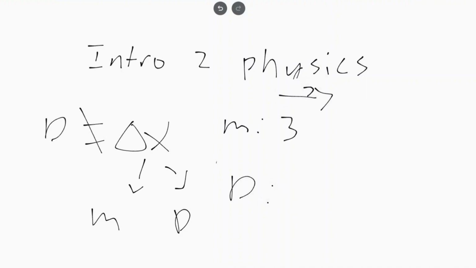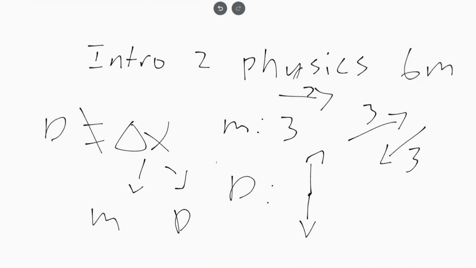Direction is what direction it is. If I'm traveling north, it is different from traveling south. Distance does not have these outcomes. If I was to travel 3 meters west and then 3 meters east, I would be traveling a total of 6 meters. Displacement, however, because it can be both positive and negative, you would take those into consideration and you would be traveling a total of 0 meters.